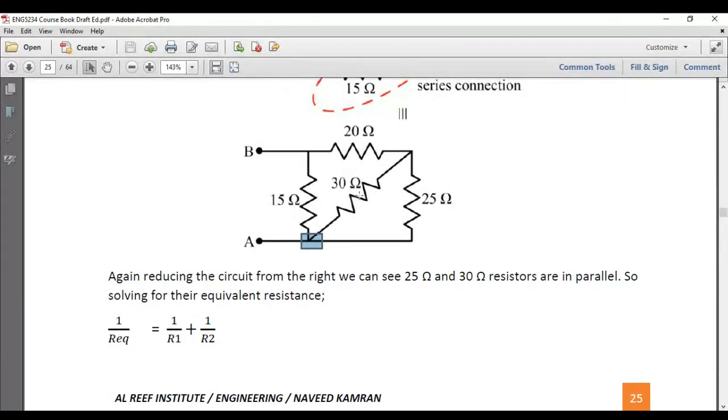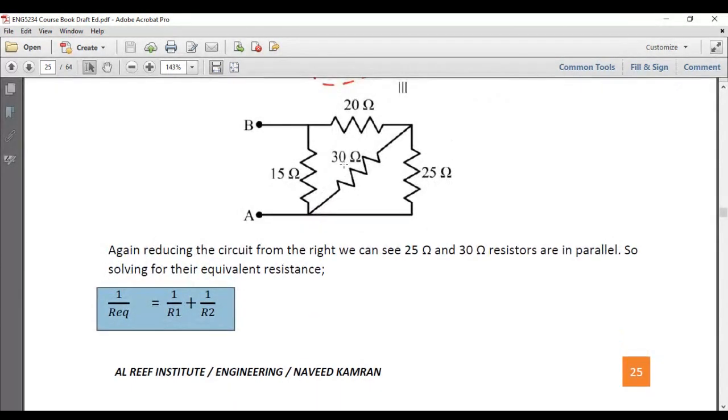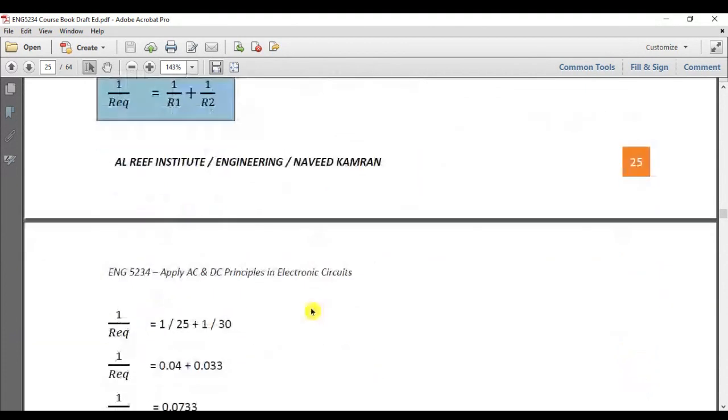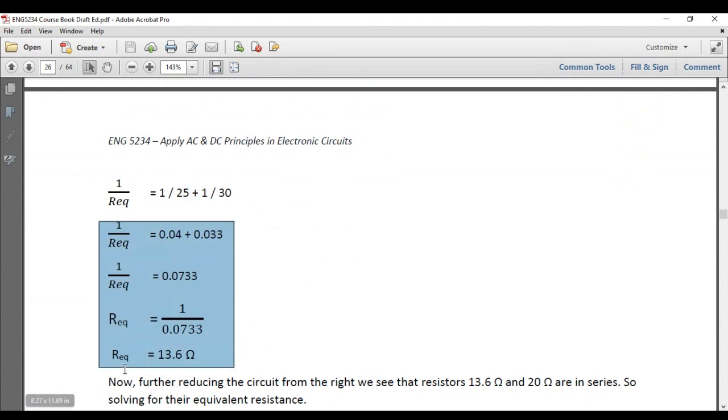So to solve the total of these two, you have to use this formula for parallel circuit. After putting in the values of 30 and 25 ohm resistors, you can easily find the total resistance of these two. Remaining, you just have to do the maths and you can reach this conclusion, 13.6.